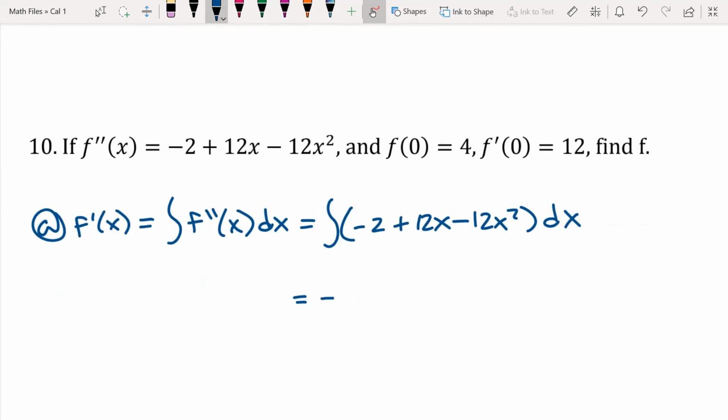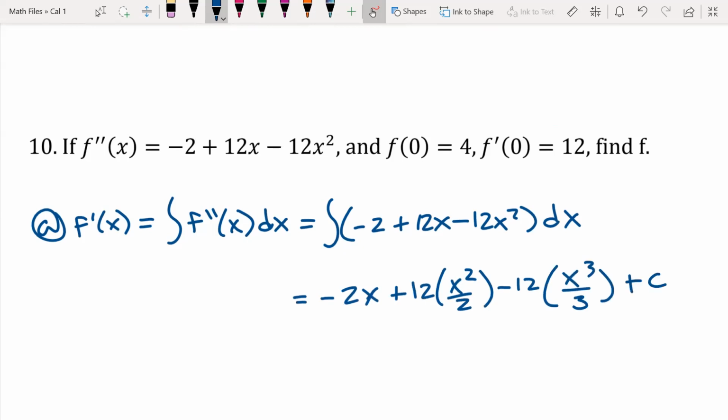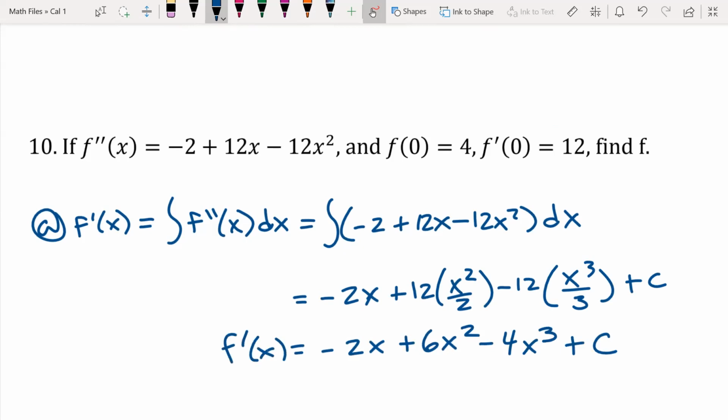So we should get -2x plus 12 times x squared over 2 minus 12 times x cubed over 3, tack on the c. And then negative 2x plus 6x squared minus 4x cubed plus c. And this is f prime of x.